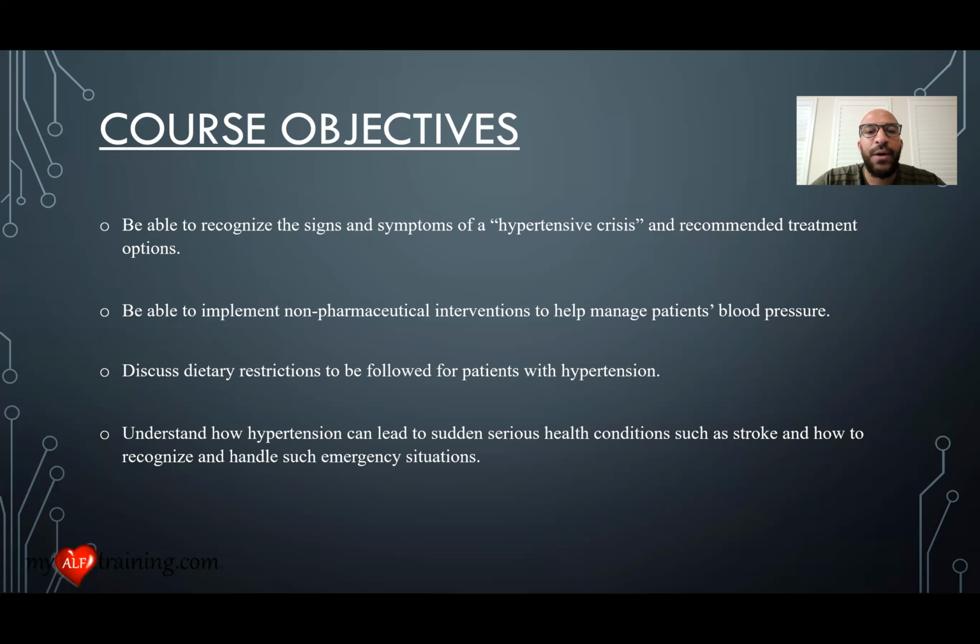So we need to know how to recognize hypertensive crisis, what it looks like, and of course, we need to be able to understand what treatment options the doctor might order, which will help us understand what our next move will be in preparing to treat the patient and notifying the doctor and what to expect, and to give that information to our patient.